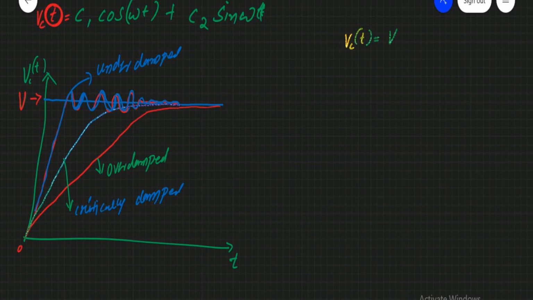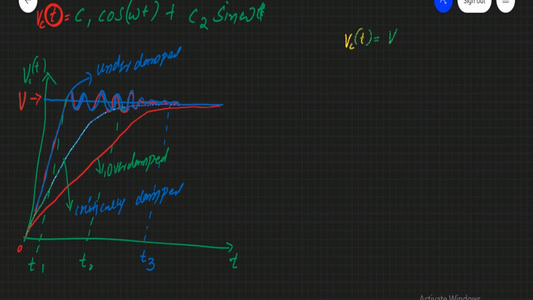And one more thing, in overdamped, the response reaches the steady state at a later time. Let us consider this is t3, for this one let us consider t2, and this is your t1.